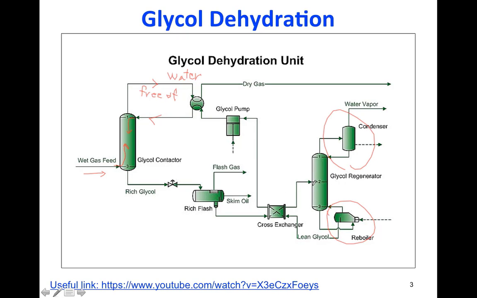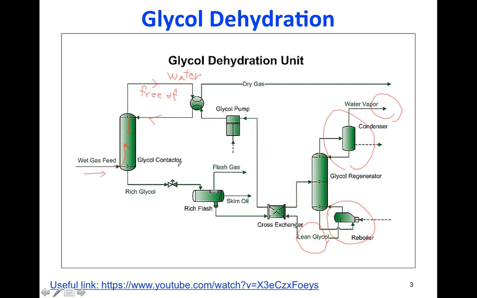Rich glycol, which has a lot of water, will be introduced to this column, and then the glycol will be separated from water in this distillation column. At the end we collect our water at the top, and our lean glycol, which is clean glycol, fresh glycol free of water, goes all the way back to the glycol contactor column.